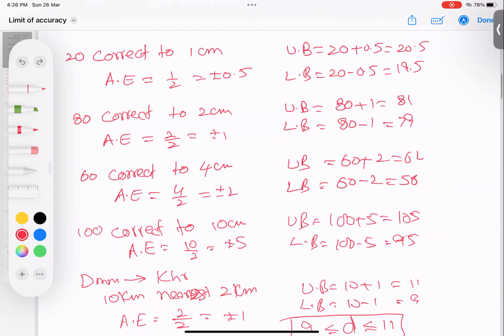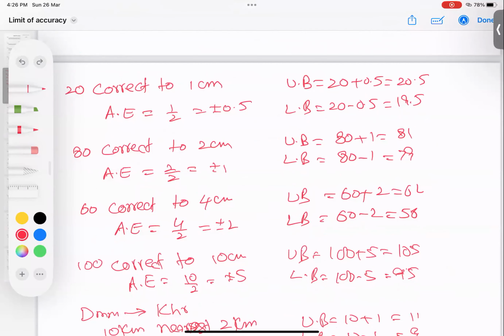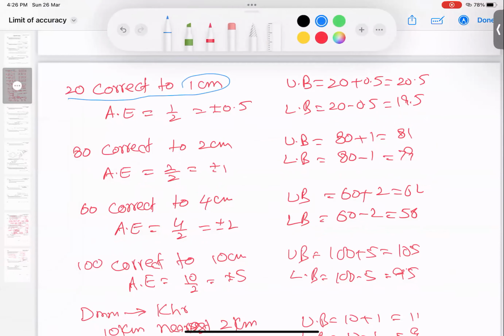So for example, we have one concept here. Whenever we have, for example, 20 centimeters correct to 1 centimeter, what we will do is divide this 1 centimeter by 2 always, and the answer comes 0.5.